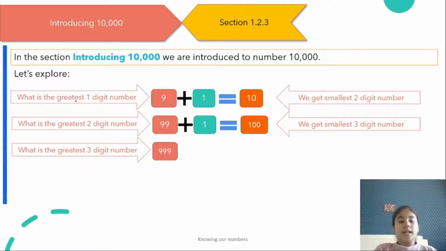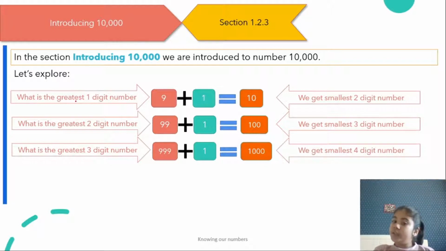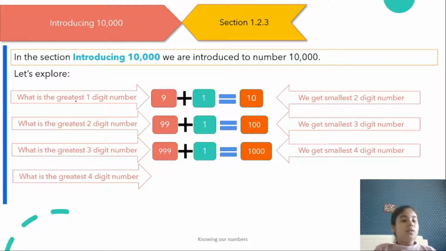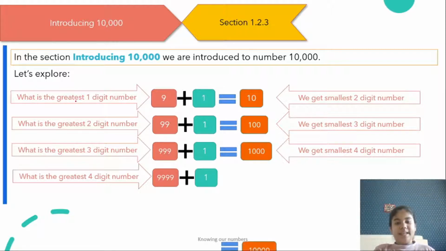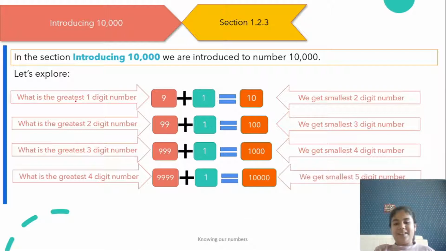It is 999, plus 1 equals 1000, the smallest 4-digit number. What is the greatest 4-digit number? It's 9999, plus 1 equals 10,000. And now we get the smallest 5-digit number. And now here I will tell you how to put commas in the upcoming slides.